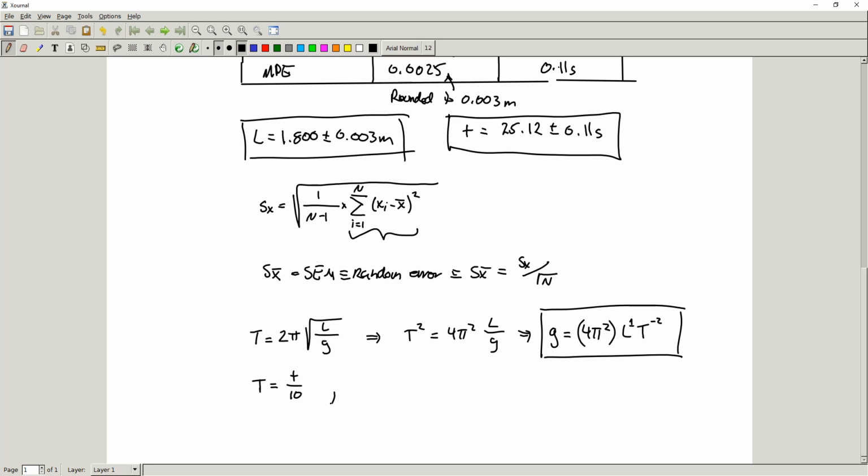Also, by looking at the bottom of page 15 in the lab manual, there's a number of equations given to us there.